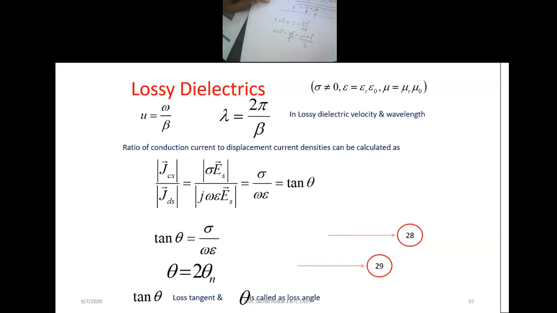The ratio of the conduction current density and displacement current density is the loss tangent, called tan theta.